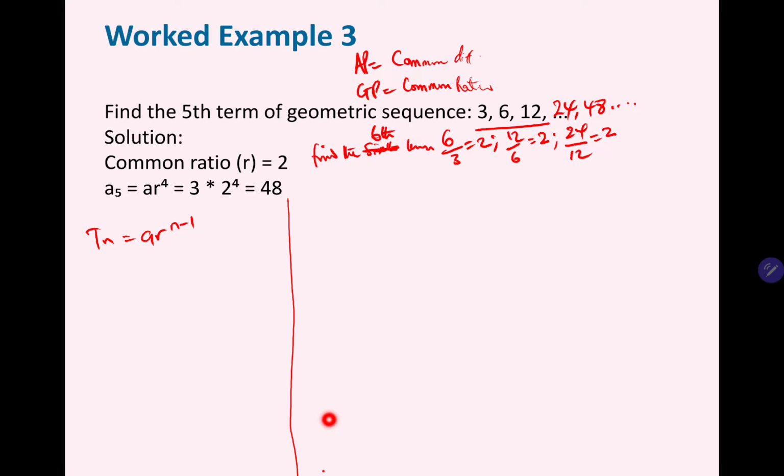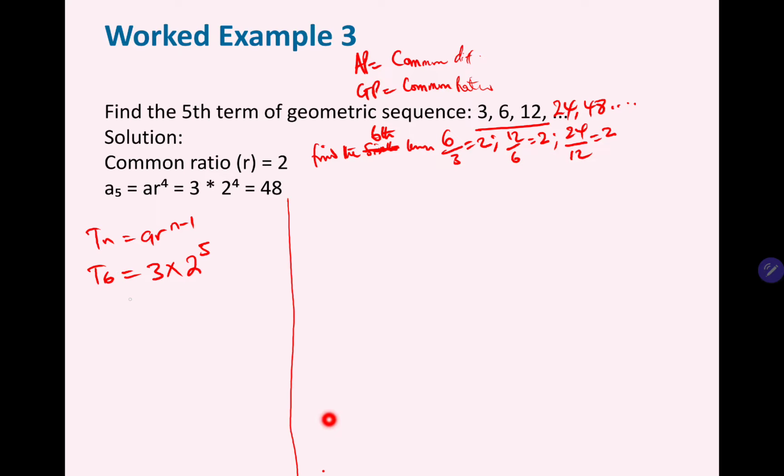All right, the formula says a times r raised to power n minus 1. So to get the 6th term, the first term is what? 3 times what? The common ratio is what? 2 raised to power n minus 1. 6 minus 1 is 5.